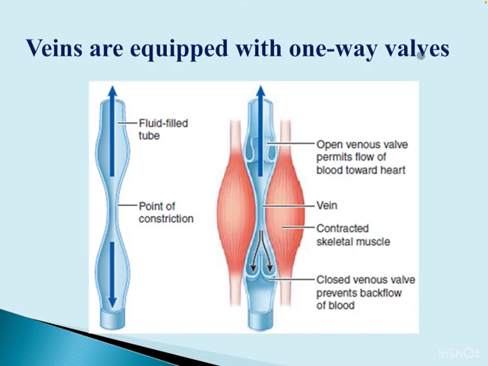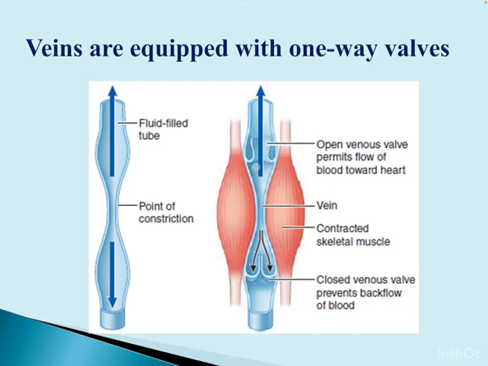Veins are equipped with one-way valves. This is a fluid-filled tube, so whenever there is a point of constriction at a certain area, the fluid can move in the up and down direction. But in the case of the veins, since they are equipped with one-way valves, whenever there is a contraction of skeletal muscles, there is a closed venous valve that prevents the backward flow of blood, and on the above side there is an open venous valve that permits the flow of blood towards the heart.